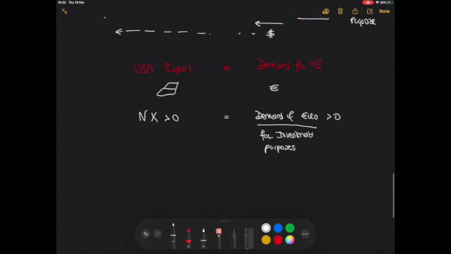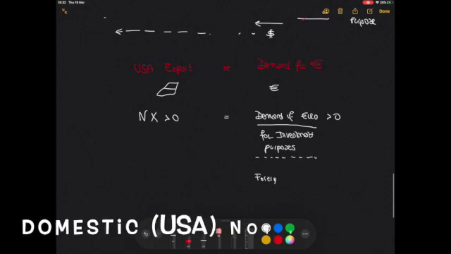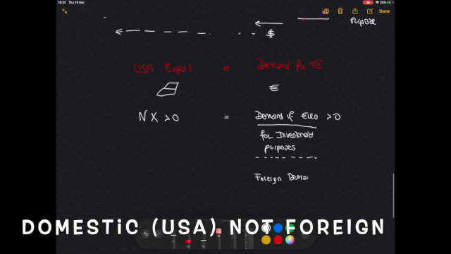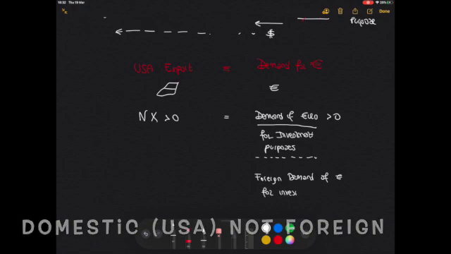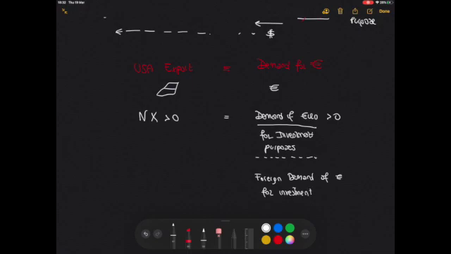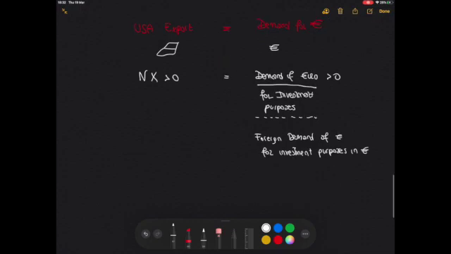In particular, to be more precise, there has to be a foreign demand of euros for investment purposes in euro, which is one of the two legs of net capital flows.